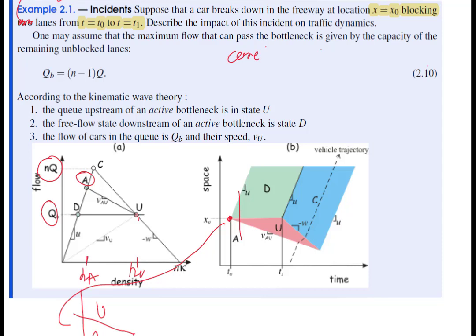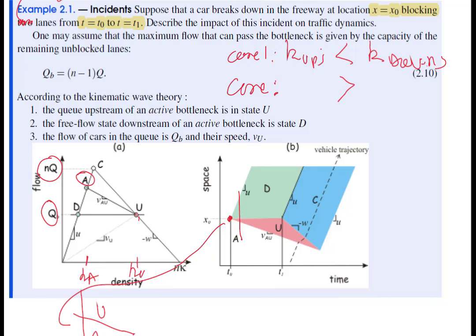Case 1, remember, is the deceleration, where the upstream density, K ups, not to be confused with KU today, is less than the density downstream, K downstream. And case 2 is the opposite, greater.